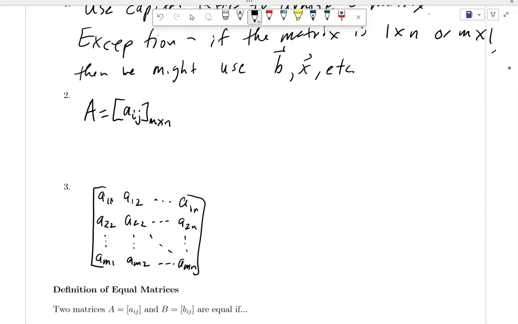So writing it as some sort of general array, if you will, and using the dots to say that things are continuing on there. All right. Again, the whole reason why we're going through all of that is just to make sure that we're all on the same page with the same notation all the way through.